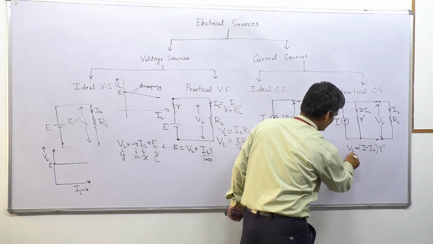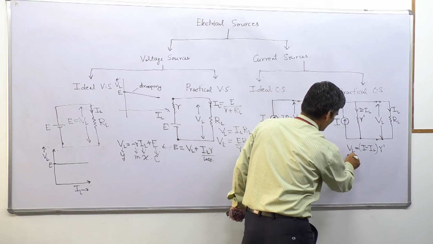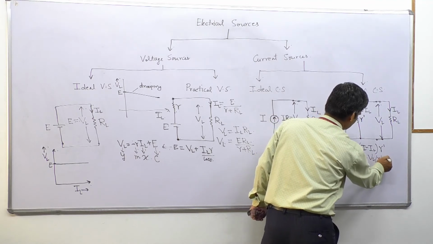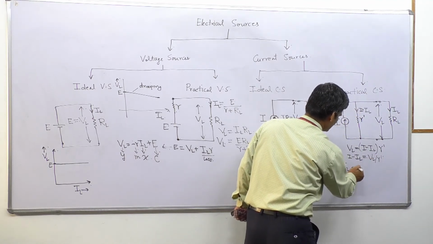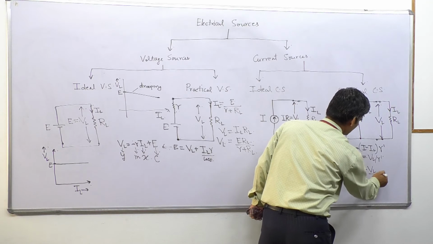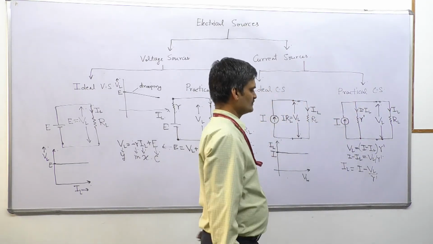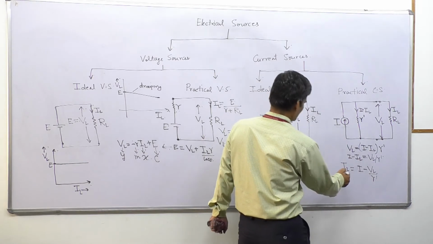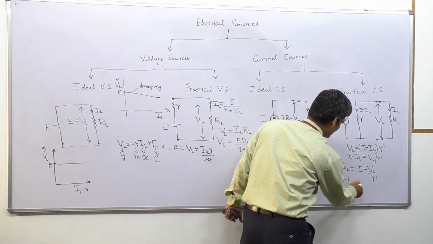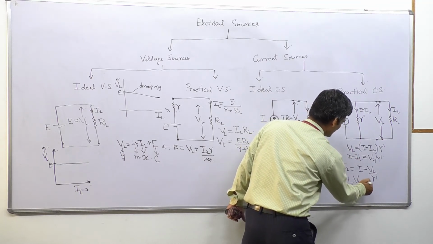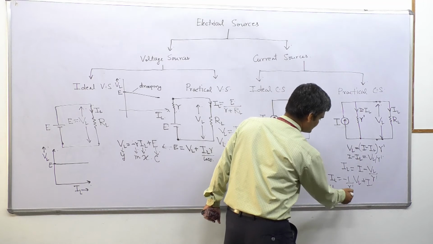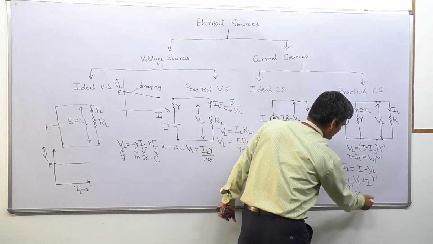This can be written as I minus IL is equal to VL by R dash, then IL can be written as I minus VL by R dash, and this again can be written as IL is equal to minus 1 by R dash into VL plus I. Again we can compare: this is Y, this is slope M, this is X, and this is C.